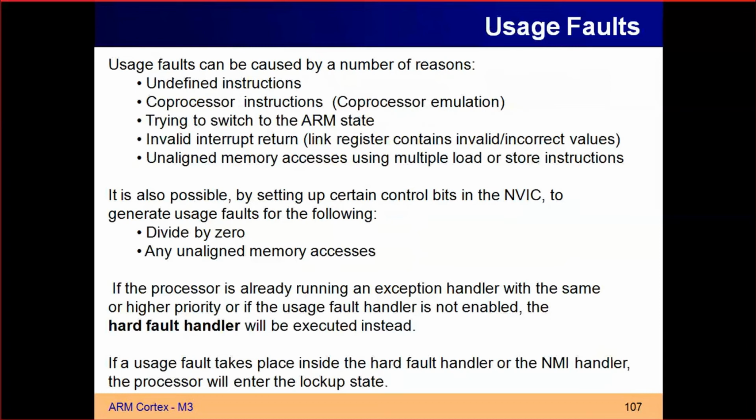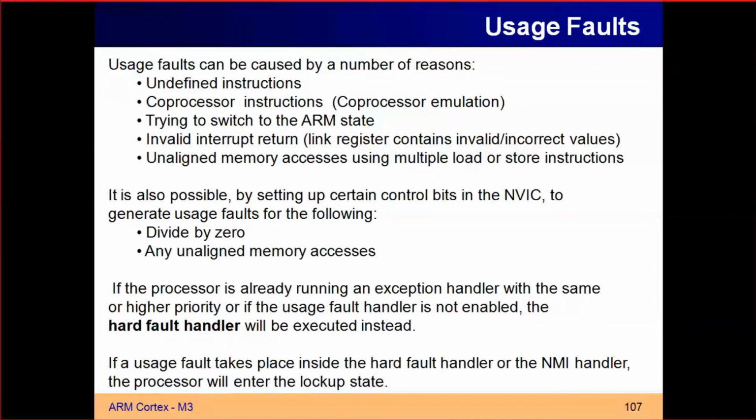Then the next one is usage fault. So from the name, you will get some idea. It is related with the usage of certain instructions and few other conditions. First one is when you are trying to execute some undefined instruction, usage fault will occur. What do you mean by undefined?